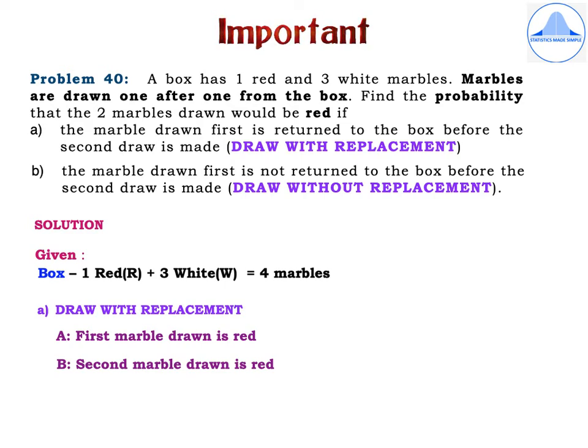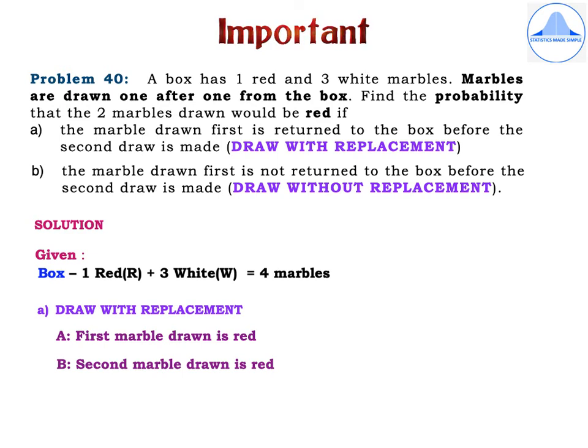Now, in the question itself, it is explained what is draw with replacement and draw without replacement, but I'll explain once again. Now, suppose you remove one marble from the box and you put it back inside before you select the second marble from the box.